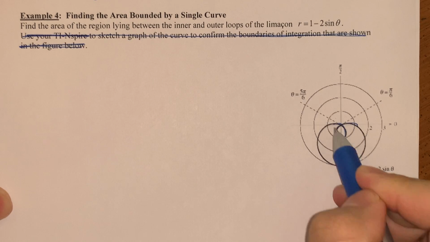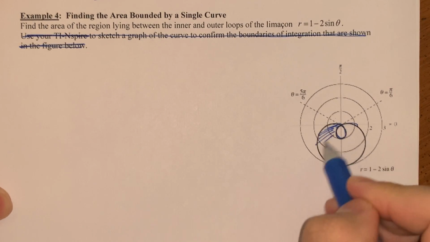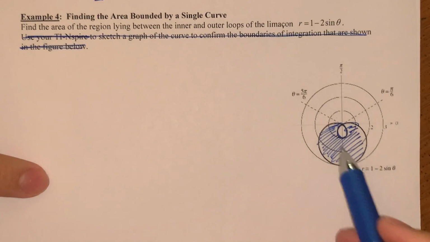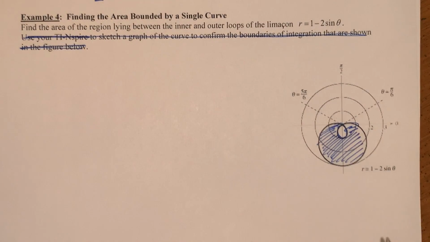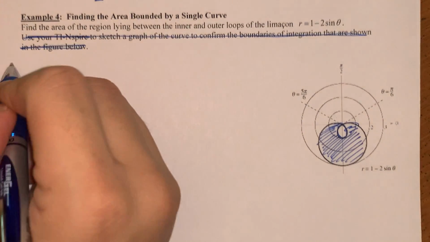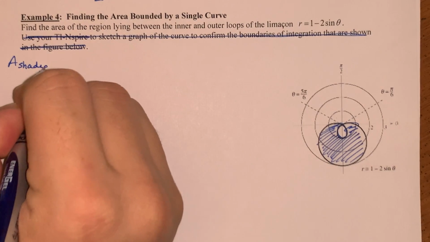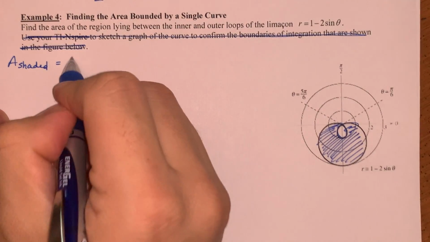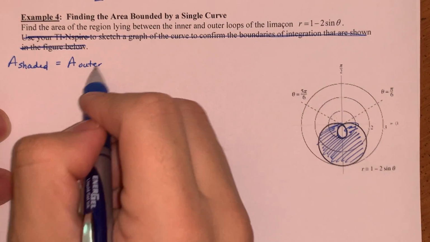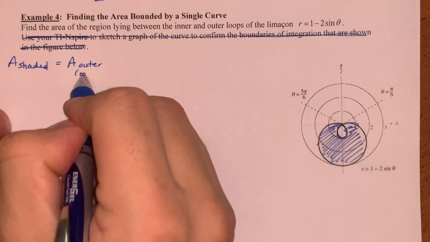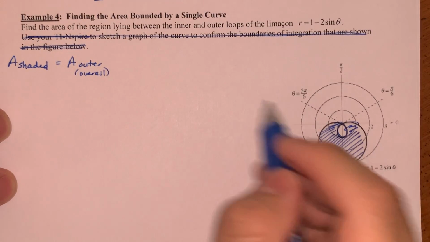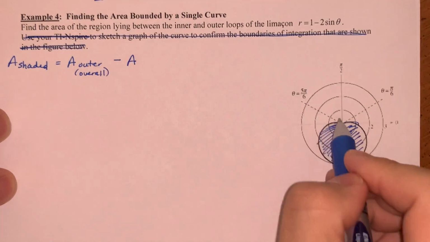Essentially there is an area of a region like this. This is the area that they're trying to find. So if we want to figure out the area of the shaded region here, that's going to be equal to the area of the overall loop minus the area of that inner loop.